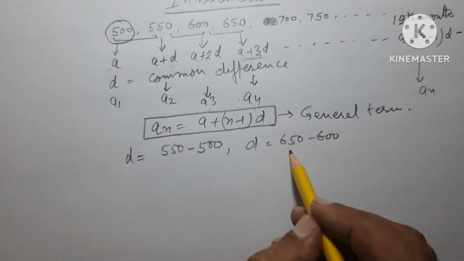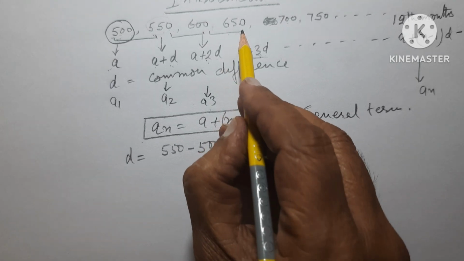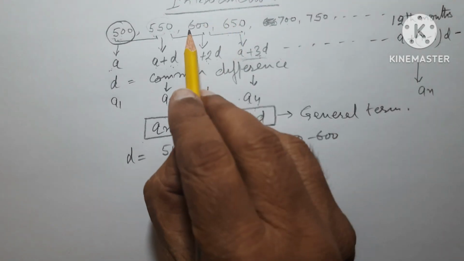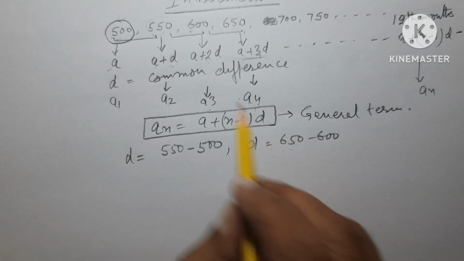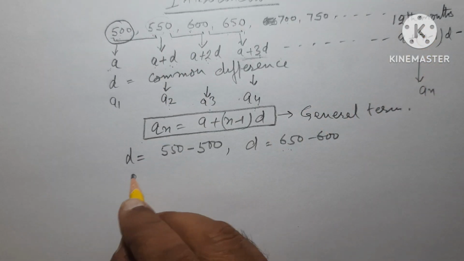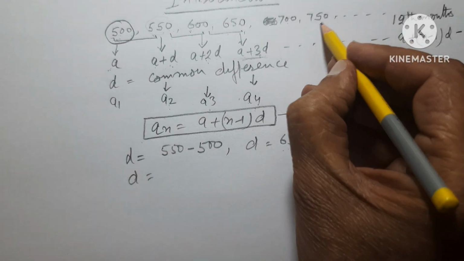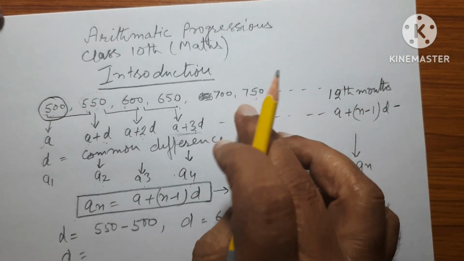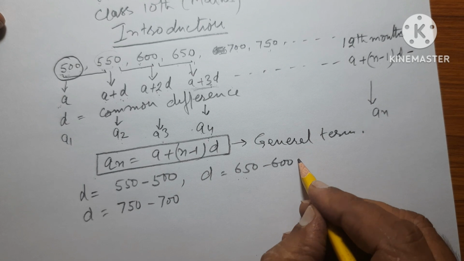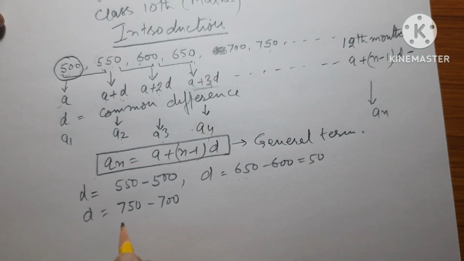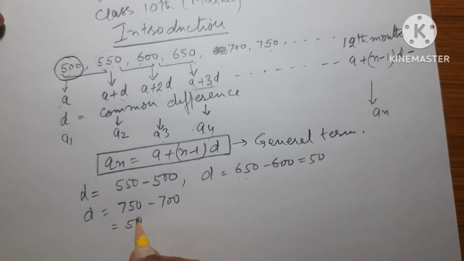That means first you write the succeeding term, and you subtract the preceding term. From anywhere you can calculate D, from here also, 750 minus 700, it is the same. D everywhere is 50, in this case.